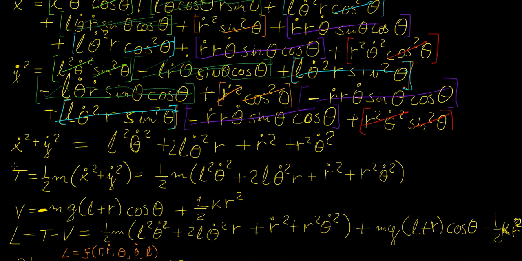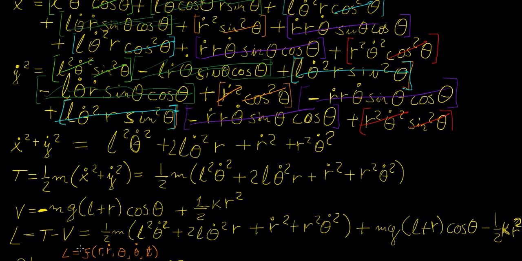Now we can write down the Lagrangian of this whole thing. It's going to be kinetic energy minus potential energy. And now we're going to have a pretty massive equation, as you can see here. You just add the terms together. Remember that we have a minus here, so the signs are going to change.